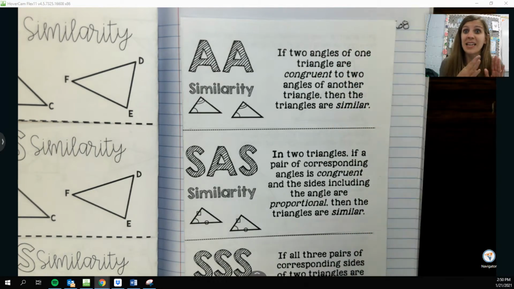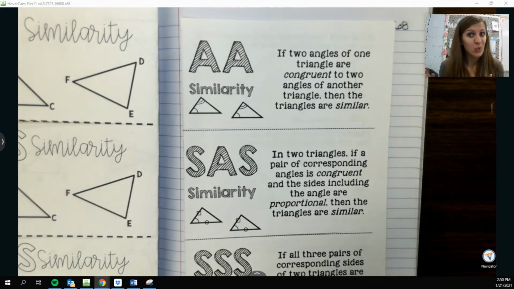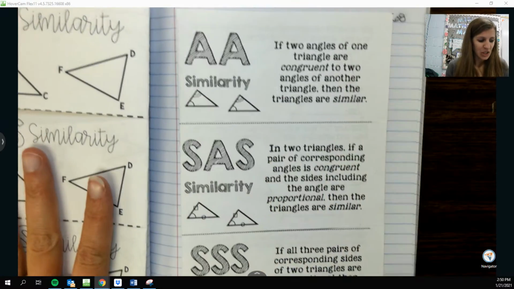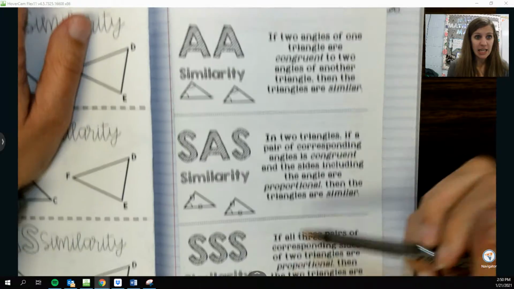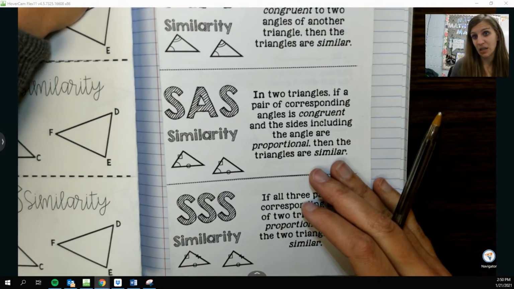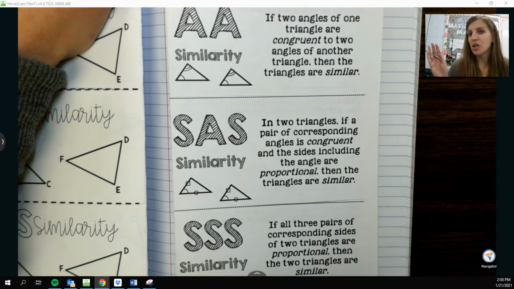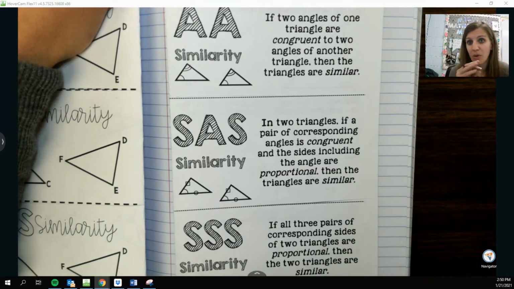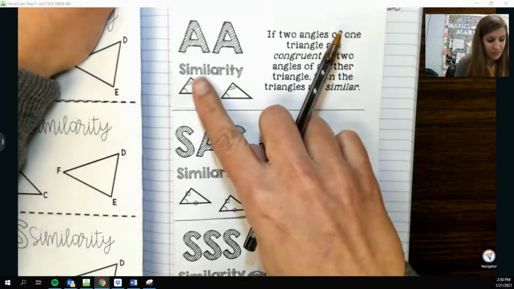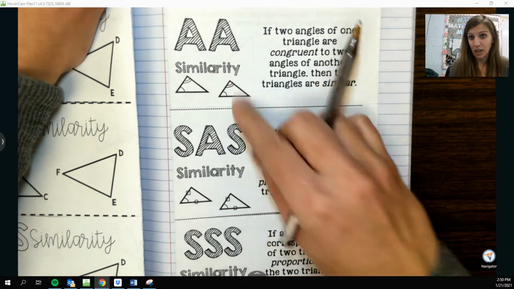And then some of them that didn't work for congruence do work for similarity, most specifically angle, angle. So these are the 3 ways that we can prove that triangles are similar to each other. And we don't need to, again, go through the whole long proof process. We can just say what reason we're using.